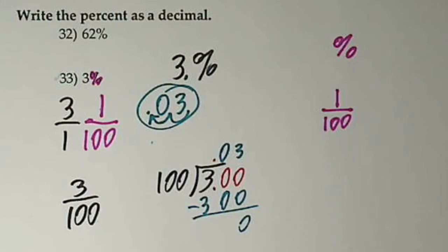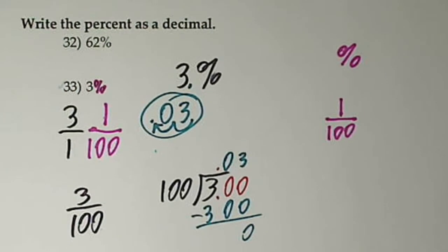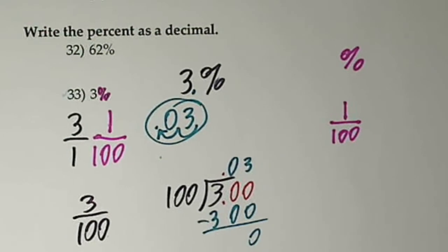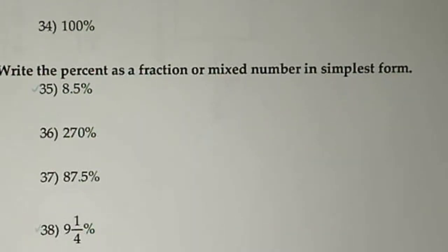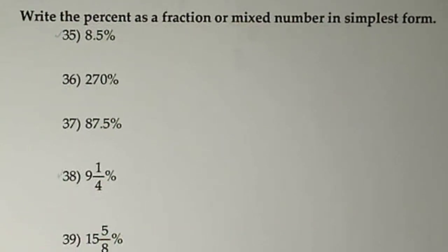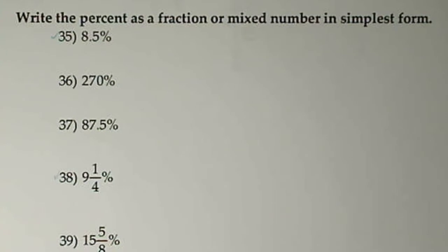Taking a look at the next one. This will be number 34. Excuse me. It'll be number 35. Okay. Let's bring that in here. Okay, and on this one they want to go from percent to fraction.